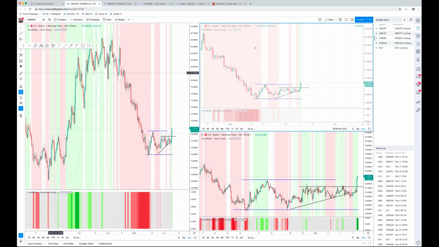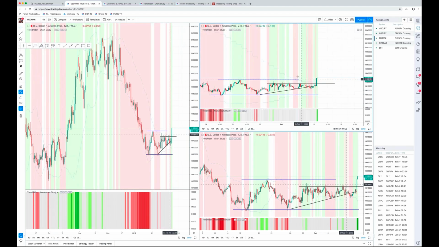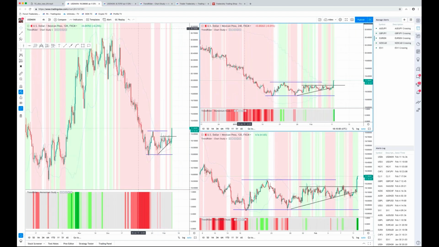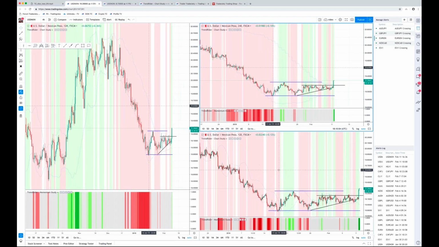So I have the 12-hour, the 4-hour, and the 2-hour here. What I want to do is look for the cleanest technicals, where we have the fewest amount of candles while still having the patterns in general.